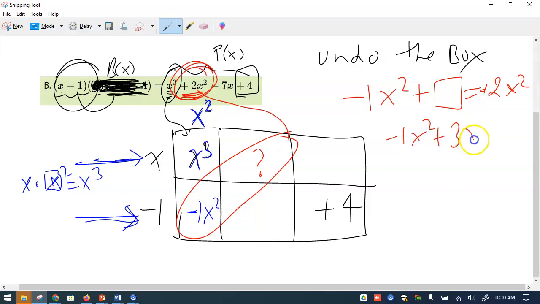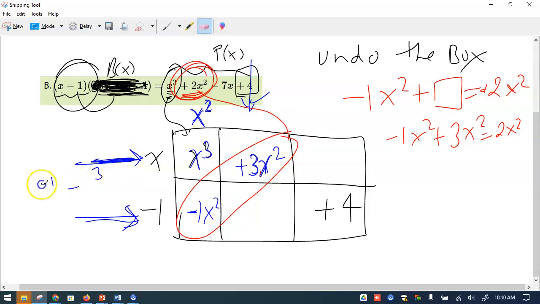It has to be 3x squared that will give you 2x squared. So this question mark which is right here, you can do mental maths also and say, okay, this is plus 3x squared. So then we need to know what goes right here. So this x times what multiplies to get this 3x squared here.